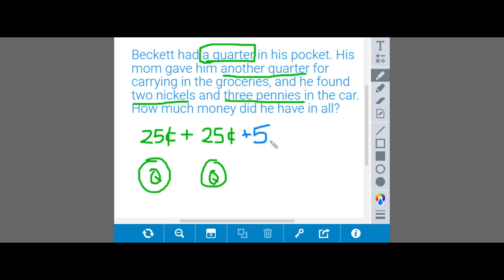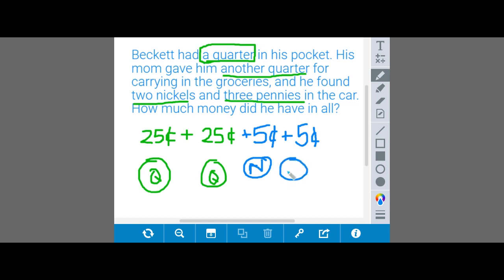So he got two of those. Somebody must have dropped those in the car. So let's add two 5-cent nickels. Okay, here we go. Make sure we put our cent signs after each of our numbers. And let's put N's inside some circles down here to represent those two nickels.